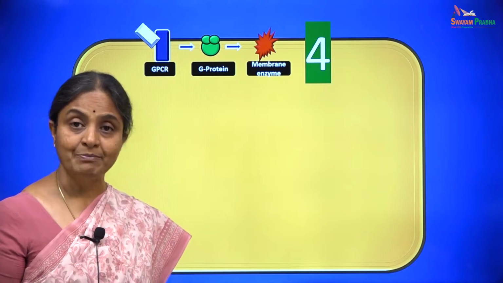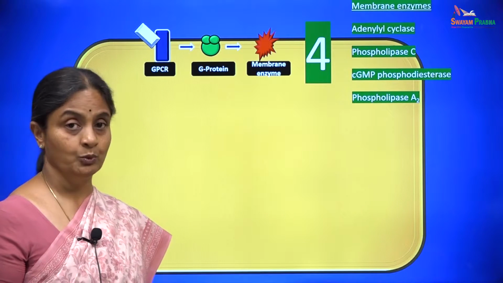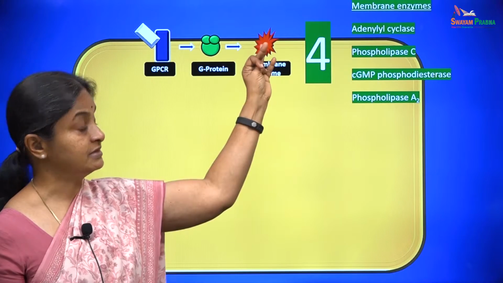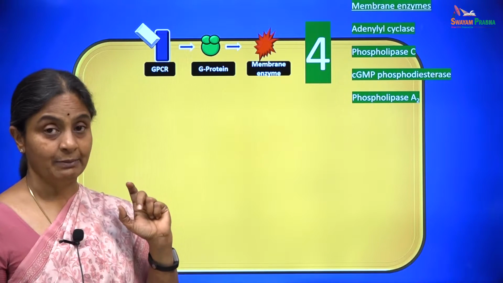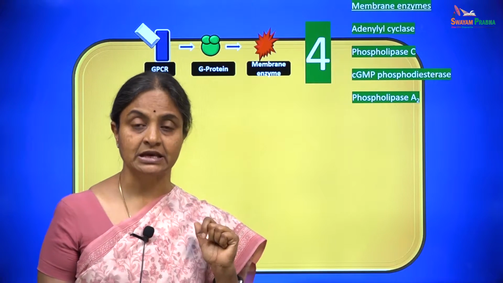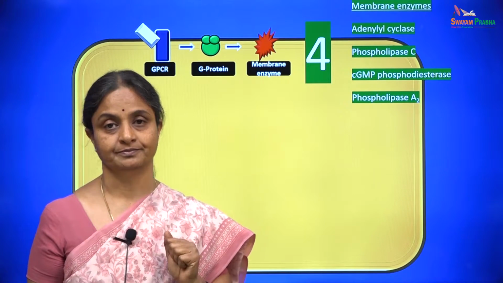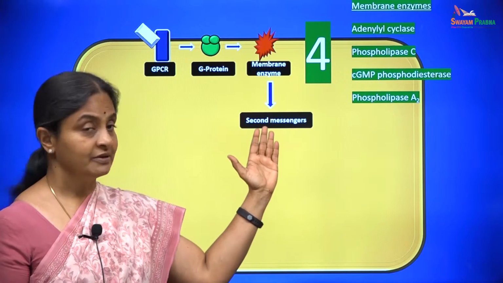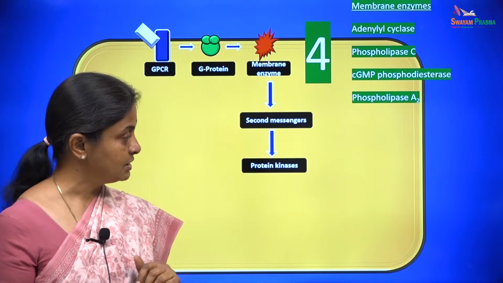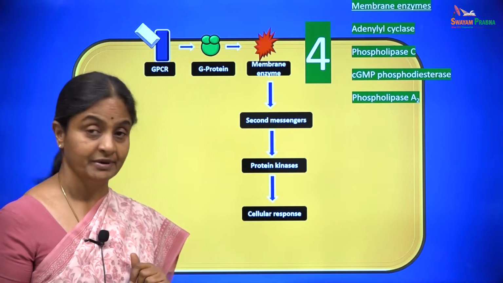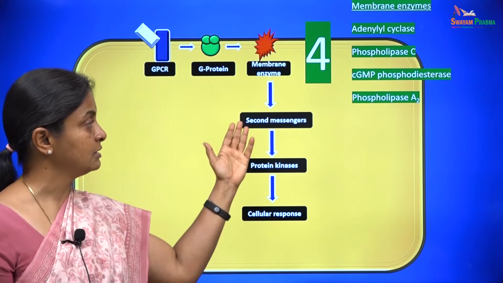What about the four membrane enzymes that we are going to consider? We will look at adenylyl cyclase, which is found on the cell membrane, phospholipase C, cGMP phosphodiesterase, and phospholipase A2. We've already seen that the membrane enzyme will activate second messengers, and that will activate serine threonine kinases within the cell, which will bring about the cellular response.